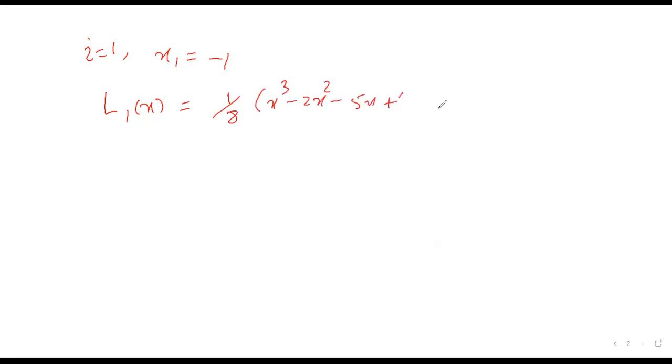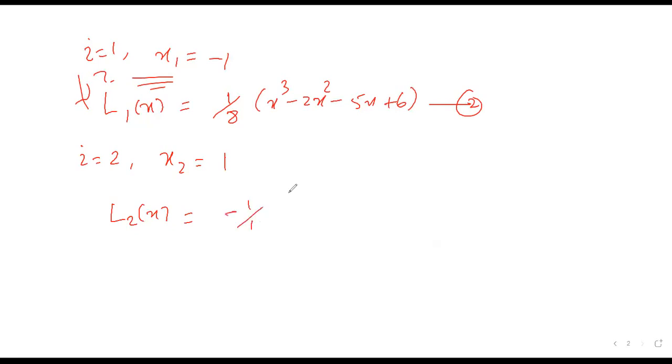Plus 6. Okay, this is my second. Similarly, all the steps are yours. Don't skip, do everything. For i is equal to 2, x2 will be 1. So L2 of x, I got minus 1 by 12, x cubed minus 7x. We are missing one term here because of the cancellation.